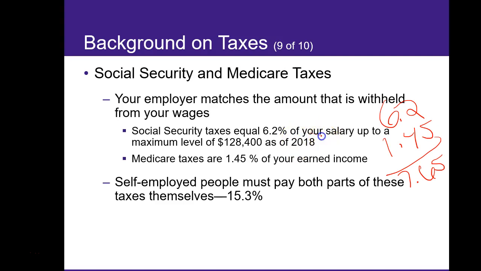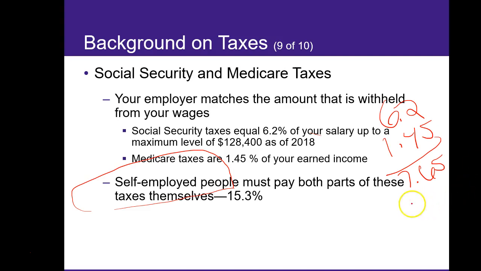But what about those individuals who are self-employed, meaning that you work for yourself? Well, remember that this 7.65% that's withheld from your earnings as an employee has to be matched by your employer. So when you are self-employed, you must pay both portions, both the employer's portion and the employee's portion.